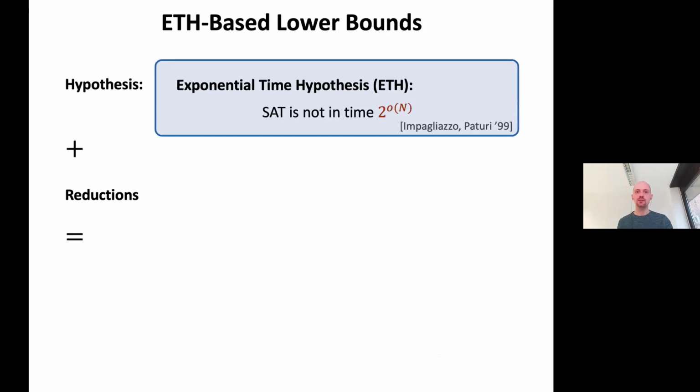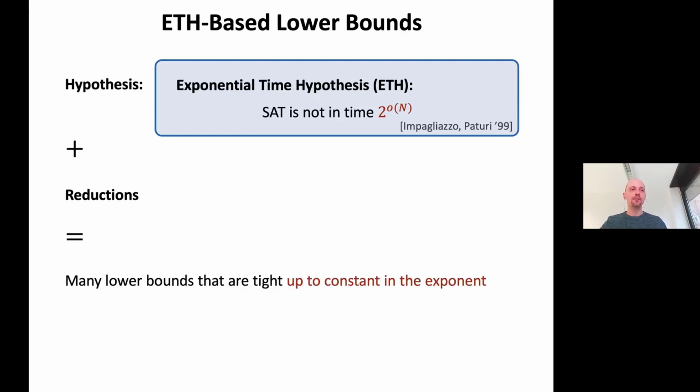Now in the last 20 years or so, stronger hypotheses came up, right? Like the Exponential Time Hypothesis, stating that satisfiability is not in time 2 to the little o of n, or more precisely, 3-SAT is not in time 2 to the little o of n. And if you combine this with reductions, then you can prove lower bounds that are tight up to the constant in the exponent. So if you ignore what is the exact constant in the exponent, you can prove tight lower bounds.